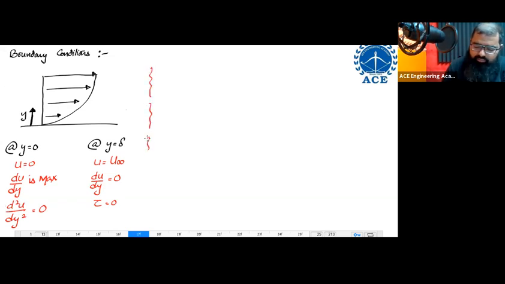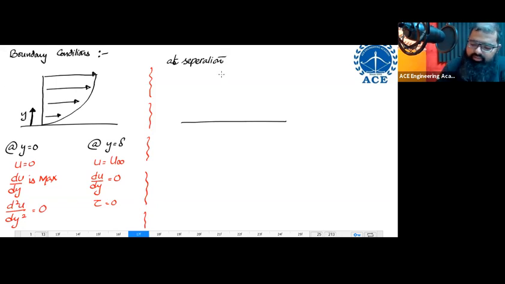These are the boundary conditions when you're having boundary layer formation. The other condition you're having, imagine, at separation, at the point of separation, let us say you have this kind of velocity profile. This is again the y-axis.